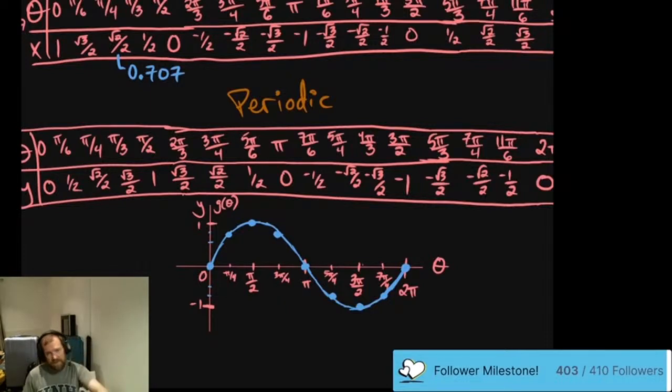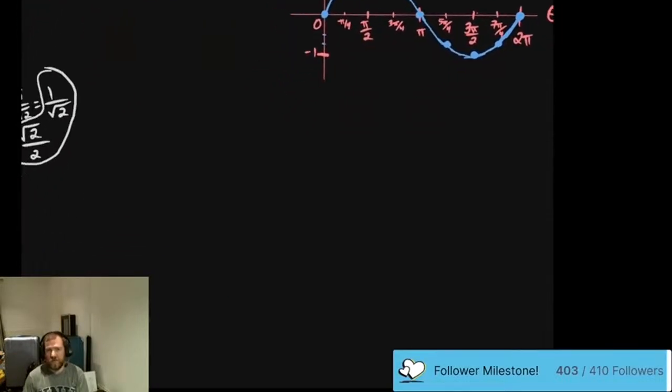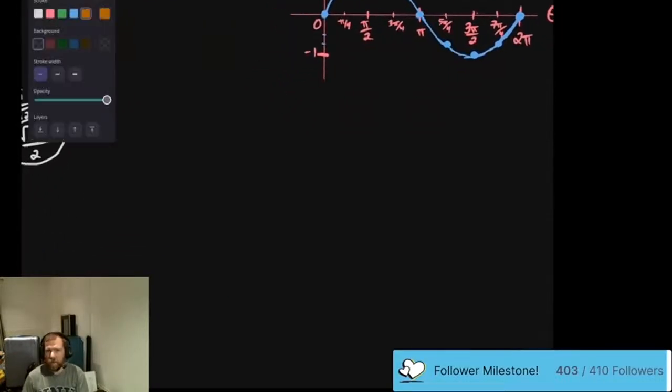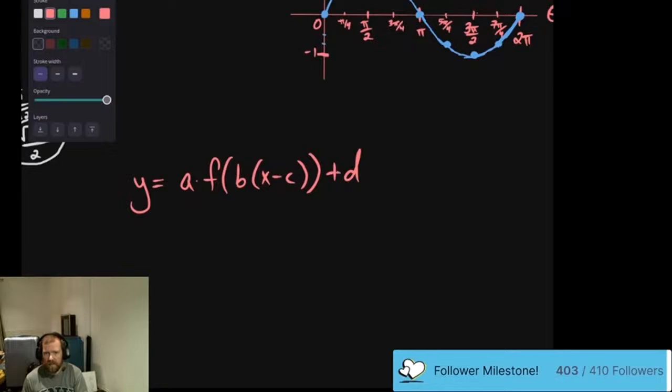Now here's the other thing about this: all functions, not just these, not just periodic functions, not just anything else, all functions can also be used with y equals a times f of b times quantity x minus c, plus d, to do function transformations.